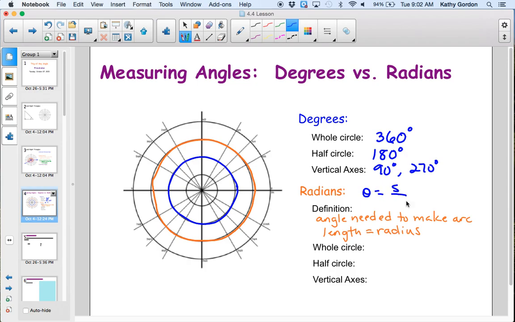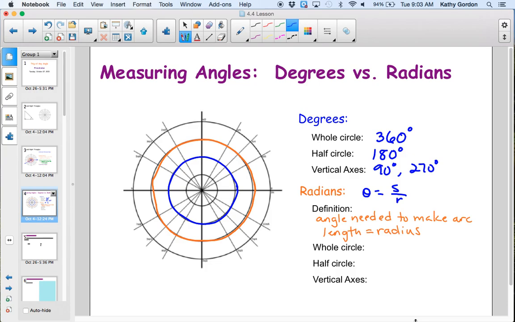So the arc length, which is denoted by S, divided by the radius. Because they're both distances, so if that was in centimeters, then this would be in centimeters. If that was in inches, then this would be in inches. If this was in feet, that would be in feet. So because they're both measured in the same units, when we divide them, the units cancel out.